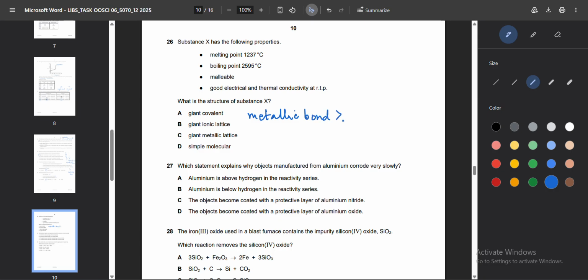Then comes ionic bond, and then comes the covalent bond. And here you can see that the melting points and boiling points are very high, and it is malleable, so it makes option C, that it has a giant metallic lattice.